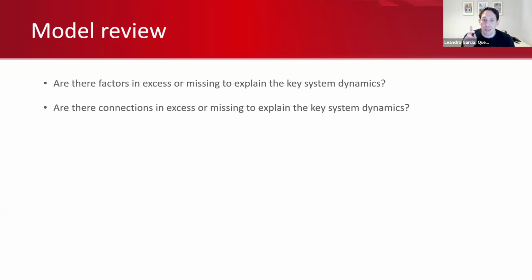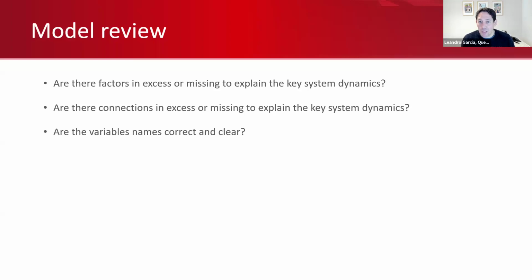We always tend to think of things that might be missing, but we forget to ask ourselves whether things are in excess. So that's also a good practice. And again, we're not trying to map every possible relationship. We're trying to create a map that explains the internal dynamics that generate the patterns we're observing.